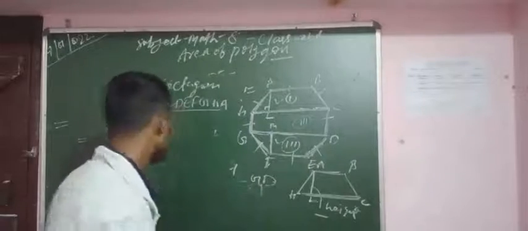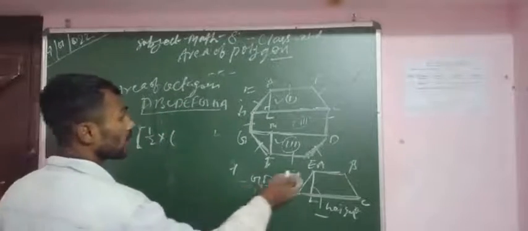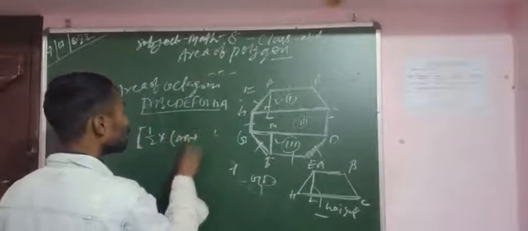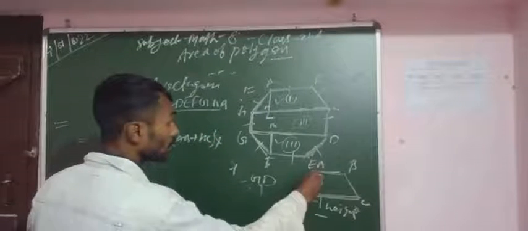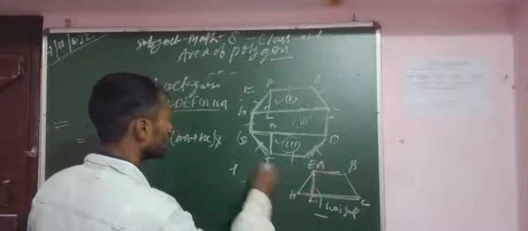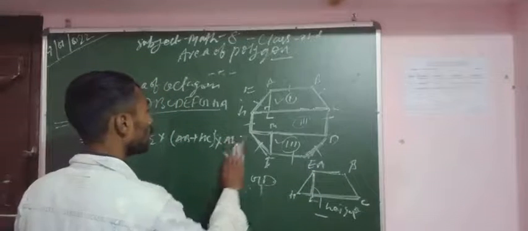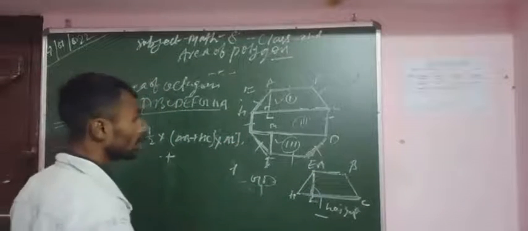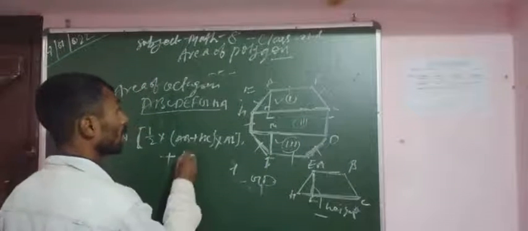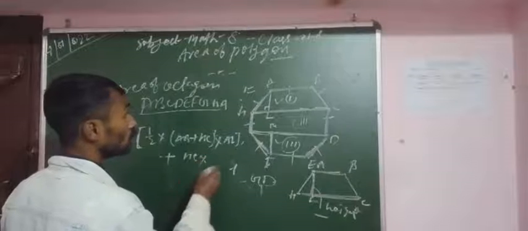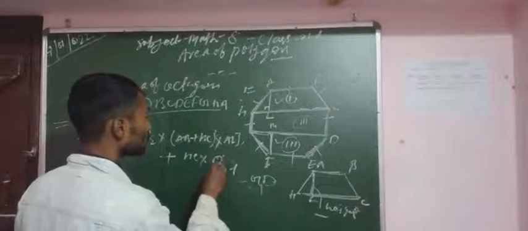So the sum of parallel sides means AB plus HC into height. The height of the trapezium is this, that means AL. It's complete, and plus this one, the area of figure 2, that means the area of rectangle, HC into DC.